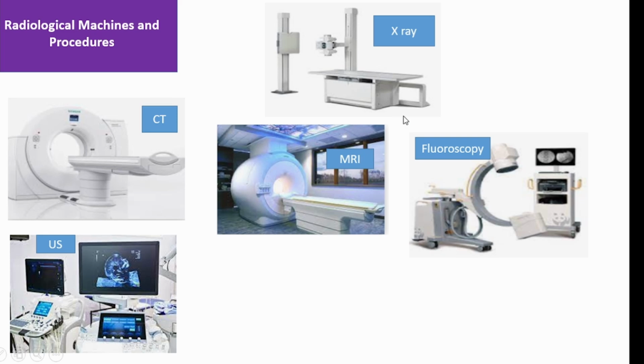It sees better those portions of the body which are radio opaque. So which are the radio opaque areas in our body? We are now talking about our bones.